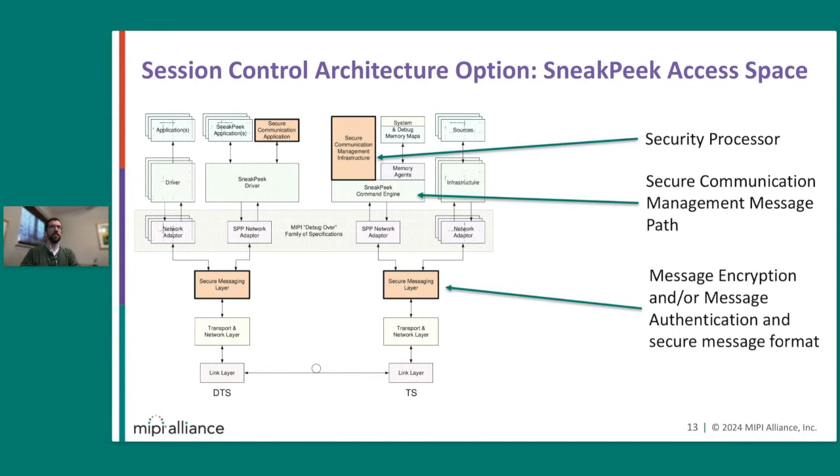Our secure communication management message path is via the SneakPeek command engine that lets the DTS use SPDM to establish a secure session. And then our secure message layer is where we do our message encryption or message authentication in secure message formats. And this is totally in band using SneakPeek.